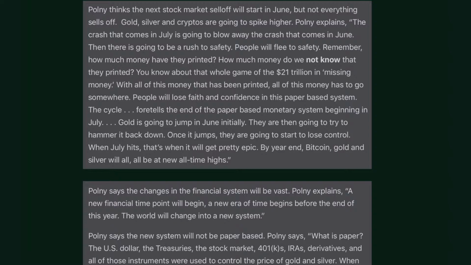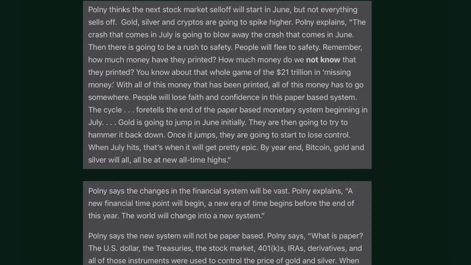You know about that whole game of the 21 trillion in missing money. With all of this money that has been printed, all of this money has to go somewhere. People will lose faith and confidence in this paper-based system. The cycle foretells the end of the paper-based monetary system beginning in July.